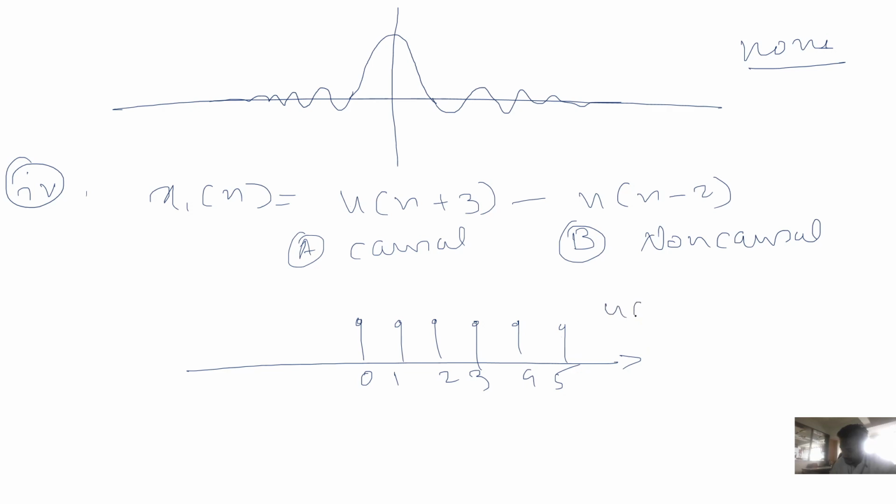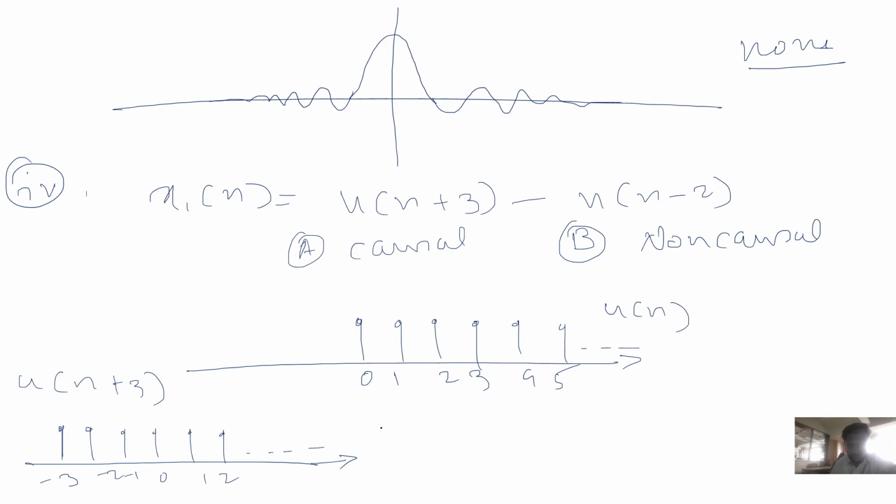If I have to draw u of n plus 3, how will it look? Will it start from minus 3 or plus 3? Minus 3. It is advanced. Minus 3, minus 2, minus 1, 0, 1, 2. This will go to infinity.